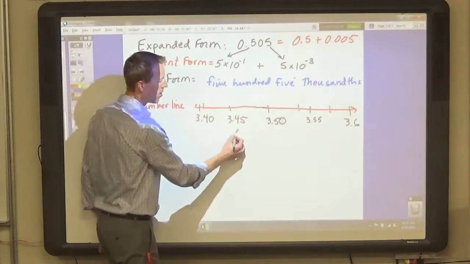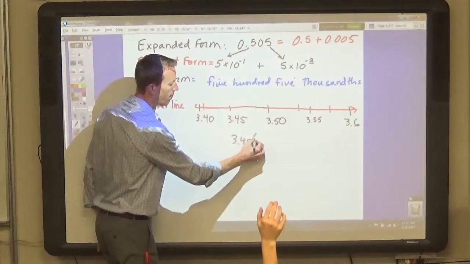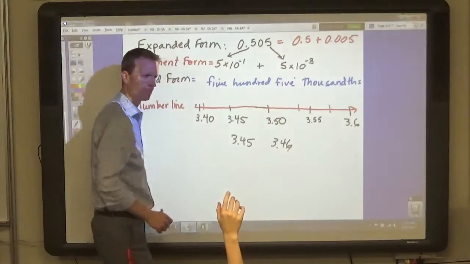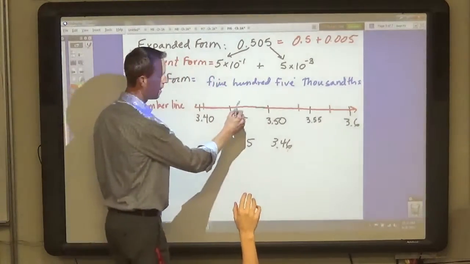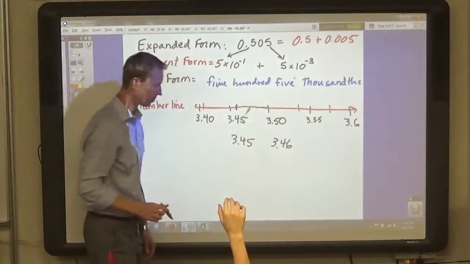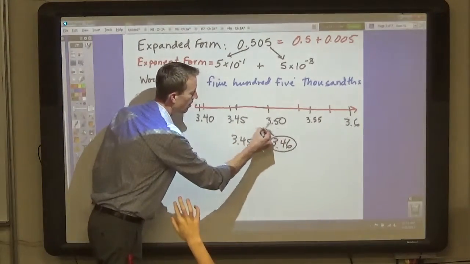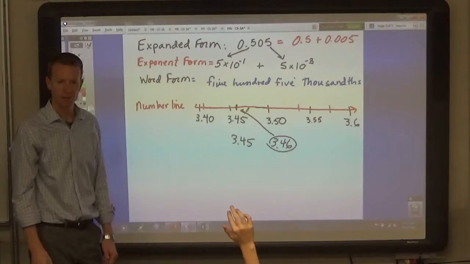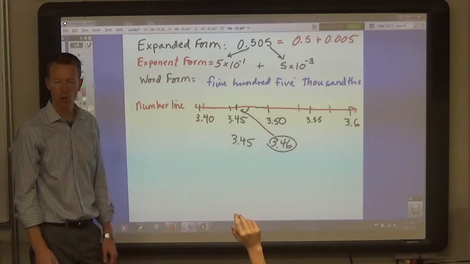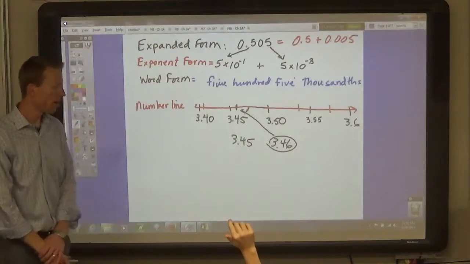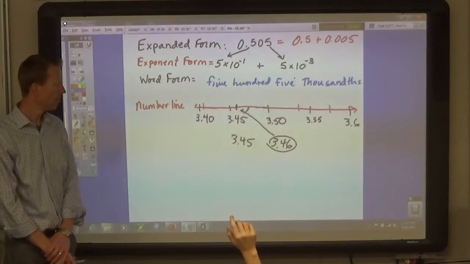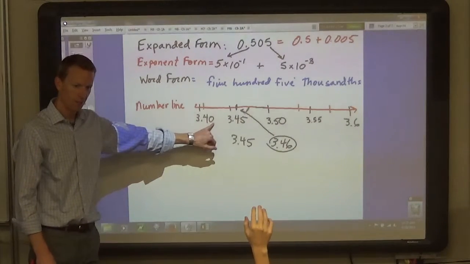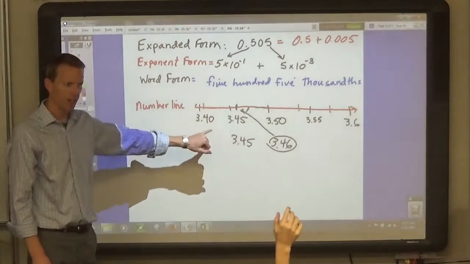What's between 3.45 and 3.46? So let's say that that one is right there. 3.46. Are there numbers between those two? So what should we do to figure out what numbers come between them? What do we do here?